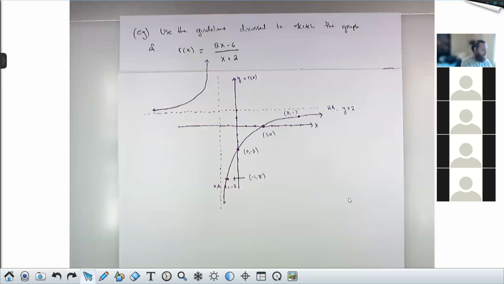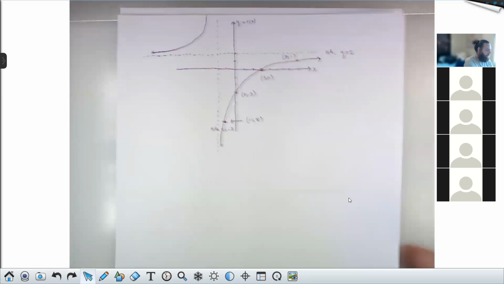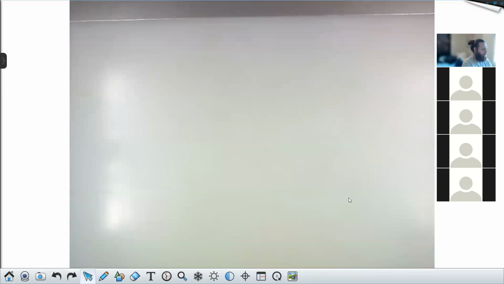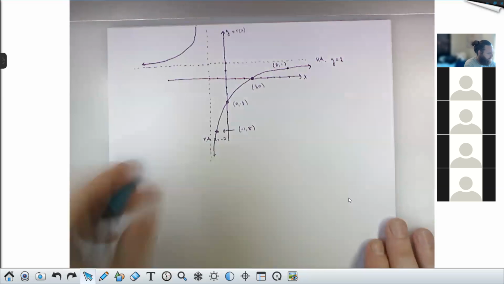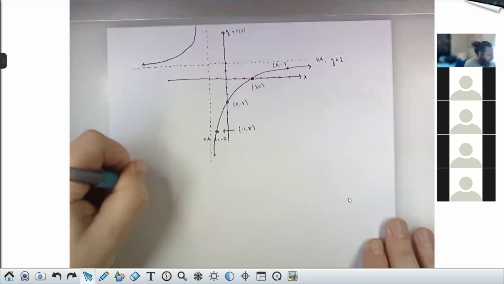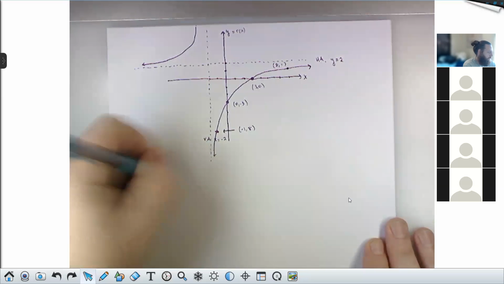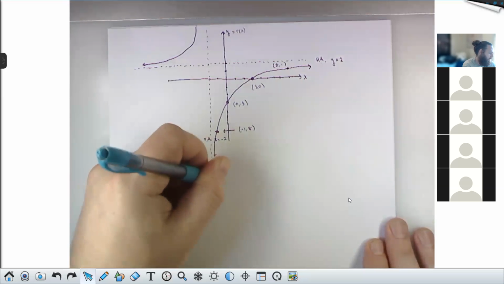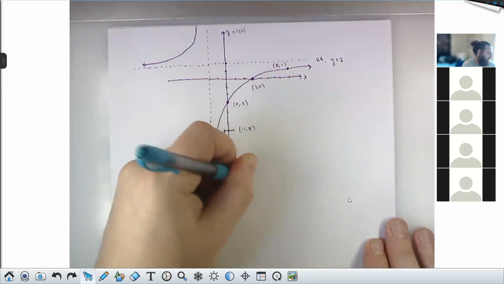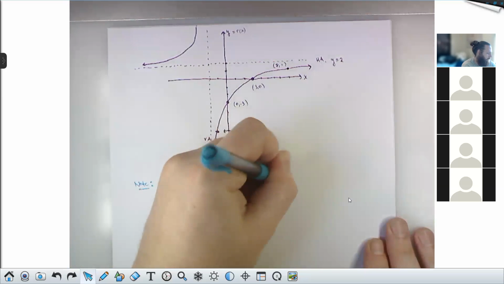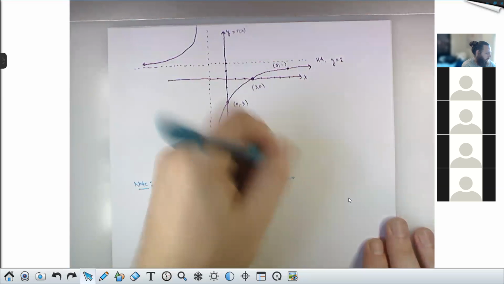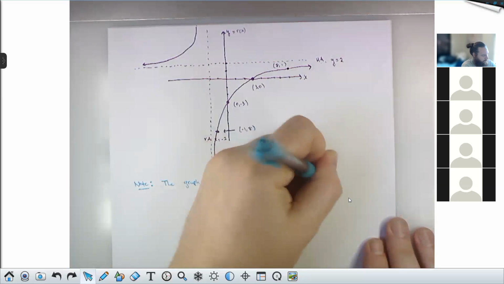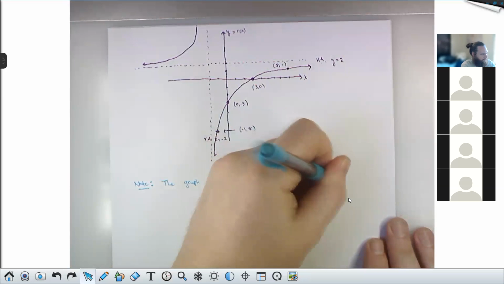Okay, I'm going to make one more comment here, and I think this will help you with a lot of the graphing problems. The graph shape above is similar to the graph y equals 1 over x.